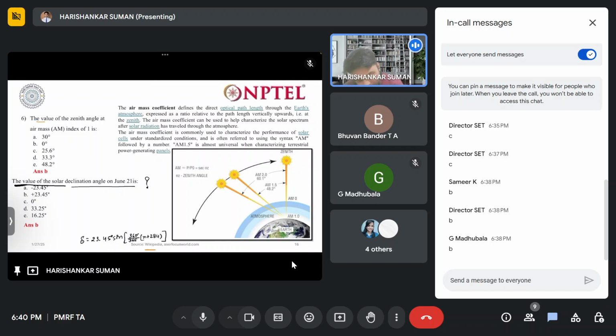So what is n here? Anyone? Please find n first. What is n for June 21st?